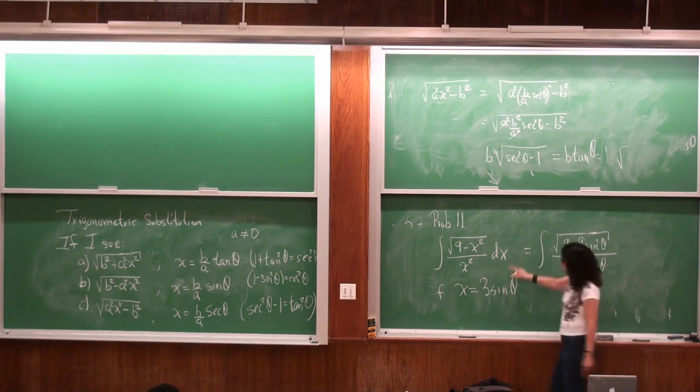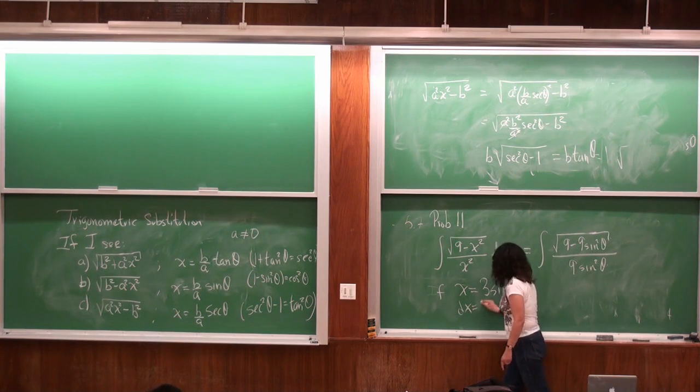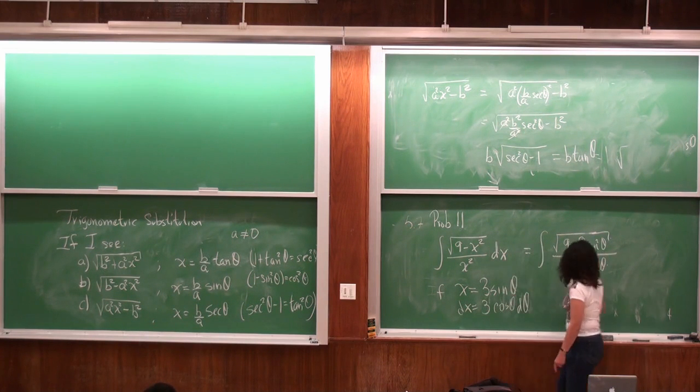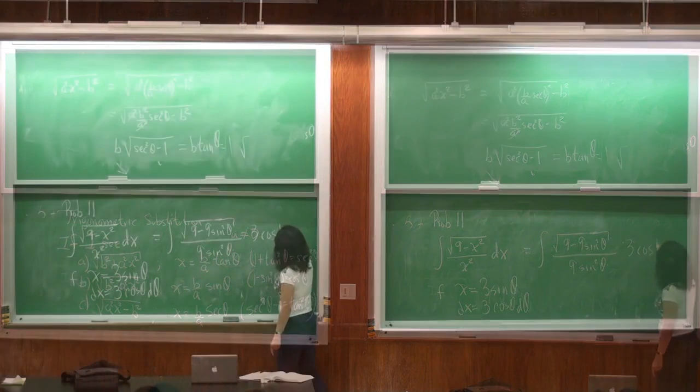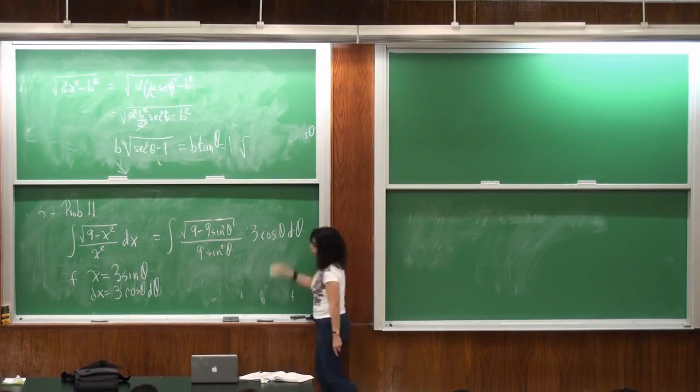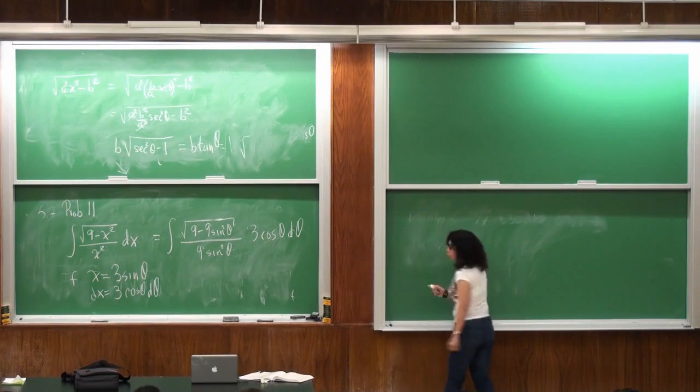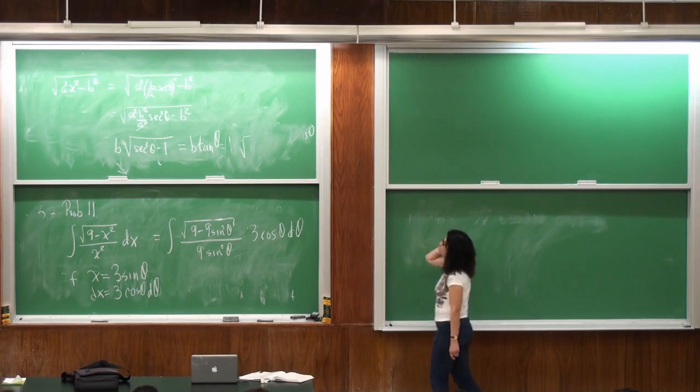And now I need to figure out what is dx. This is 3 times cosine of theta d theta, correct?